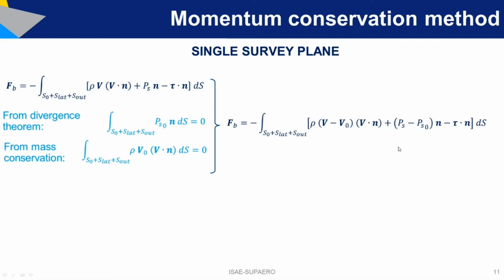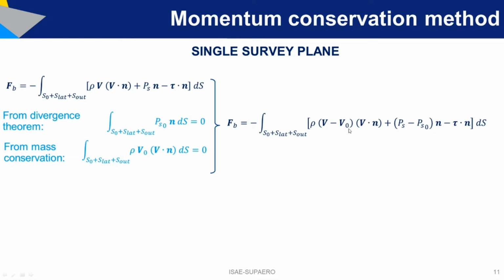Basically, what I'm doing is manipulating the equation in such a way that instead of having the velocity here, the fact of introducing this equation allows me to re-express the velocity in terms of the change of velocity. So the velocity now is referred to the changes with respect to the upstream value.